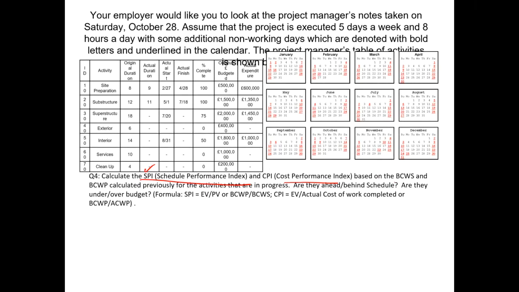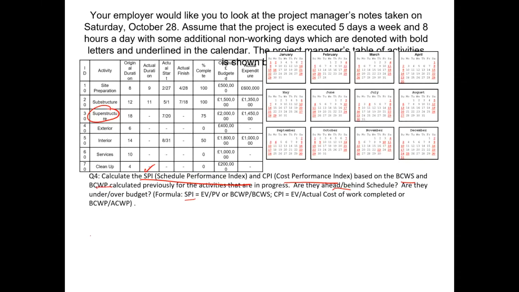And the cost performance index, based on the BCWS and BCWP, which we have calculated in steps 2 and 3 previously, and comment whether we are ahead of schedule or behind schedule, are we under budget or over budget. So the formula for calculating SPI is EV divided by PV. So first of all, you will look into this activity, which is superstructure.